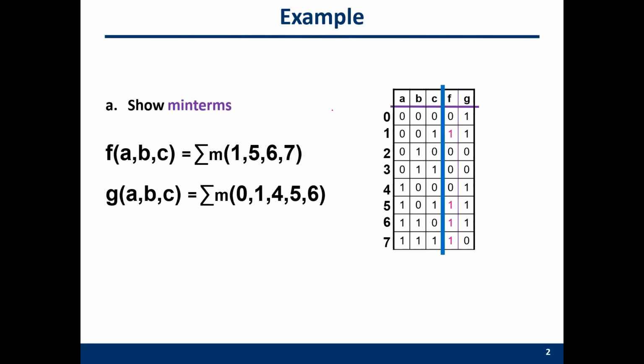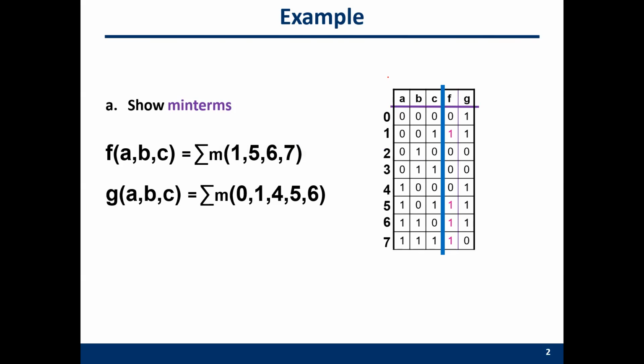So in the previous lecture, we talked about the sum of the products, or sum of the minterms, and the product of the sums, or product of the maxterms. So basically, here in this slide, I use the minterm as one example. We have already seen this example in the previous lecture.